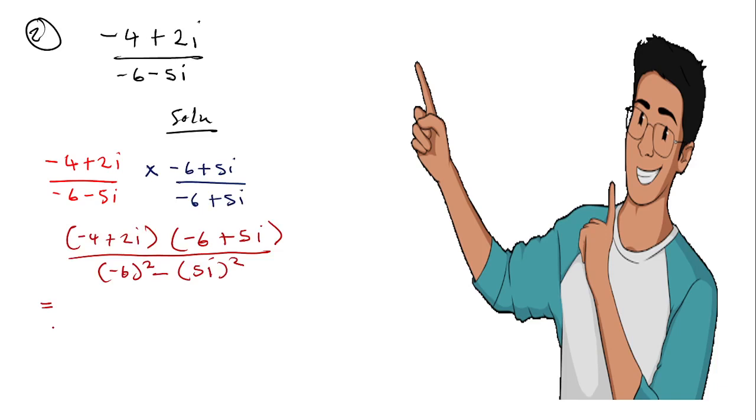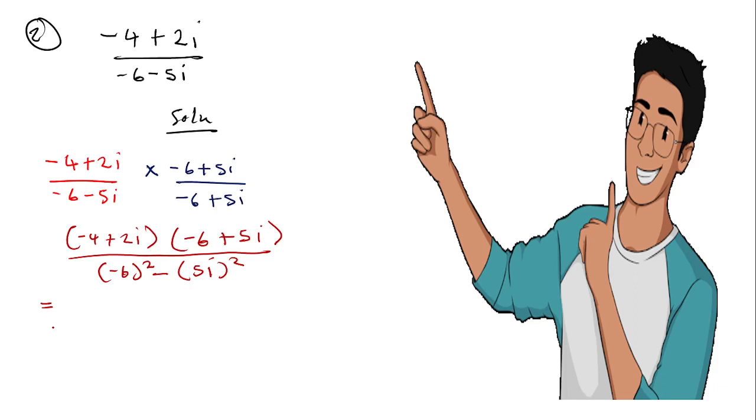After you work out that, negative 4 times negative 6 is just positive 24. Then negative 4 times 5i is going to give you negative 20i.